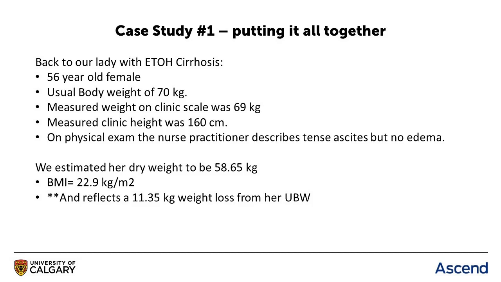And she does mention, though, that she feels really quite weak compared to her previous baseline. Her height was 160 centimeters, or 1.6 meters. And so on physical exam, the nurse practitioner describes tense ascites. So she's got a large distended abdomen. And so what is this patient's BMI using her dry weight?